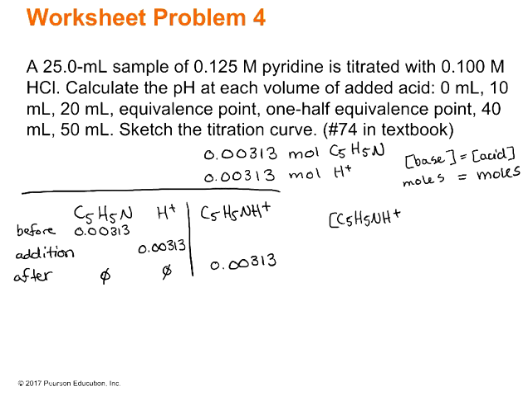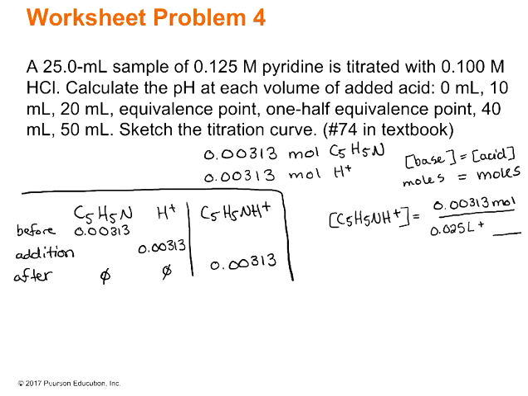And here I'll box off the table we made. Okay, so we said that we have 0.00313 moles of our conjugate acid, and now we have to divide that by the total volume. We started with 25 milliliters, or 0.025 liters of pyridine, and we added how much of our acid?